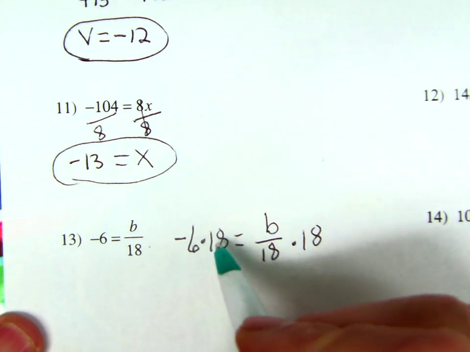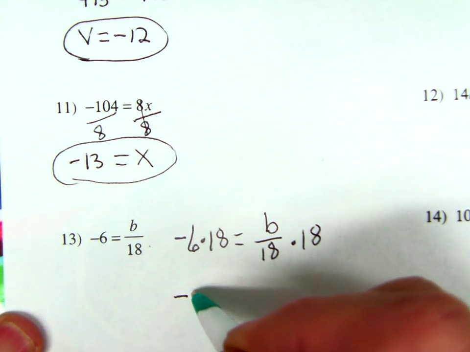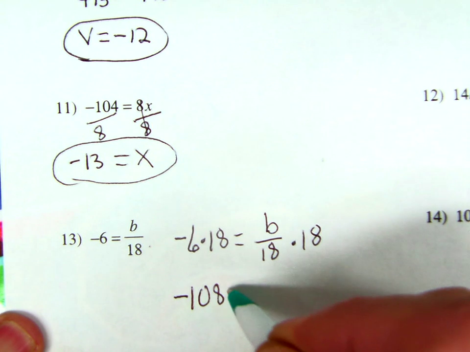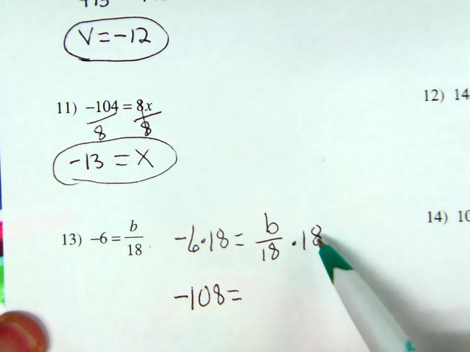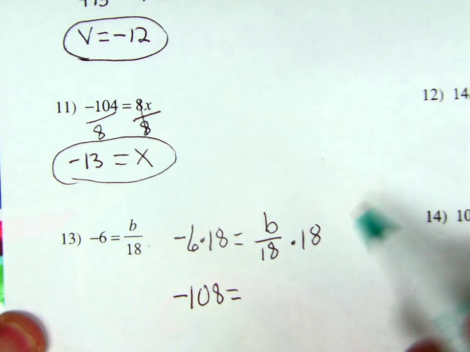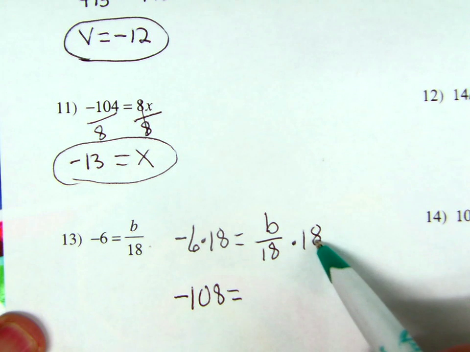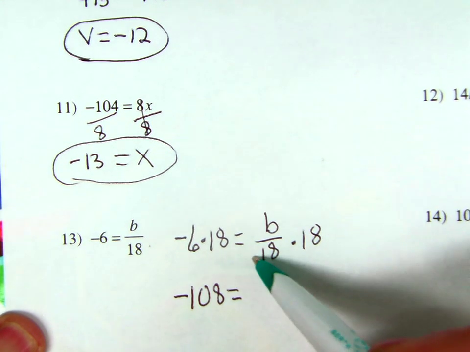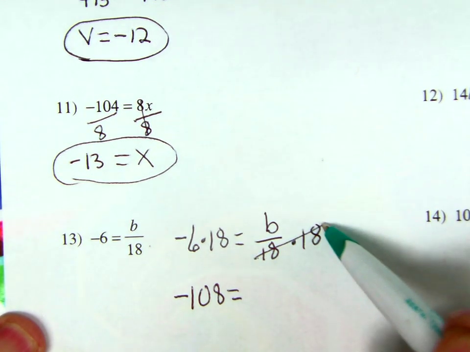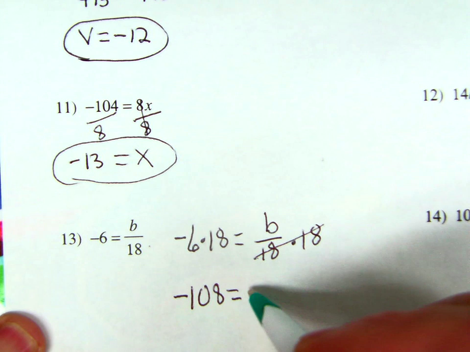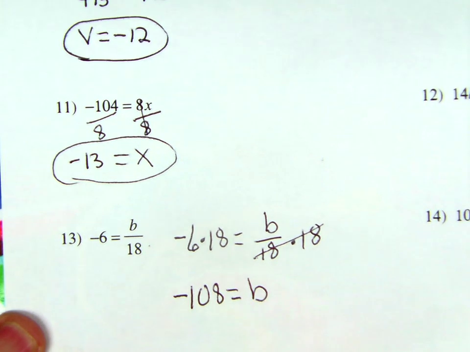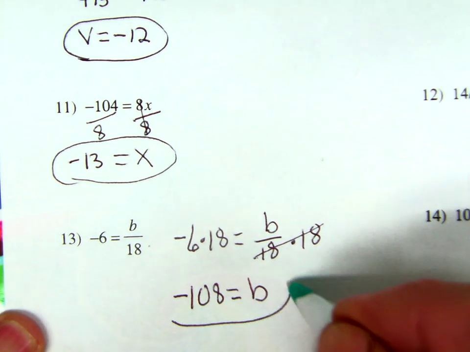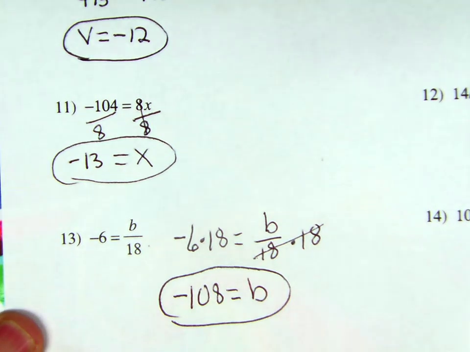And it's a negative times a positive, so it's negative 108. This side becomes much easier. The reason why we multiply by 18 is to get rid of the 18 on the bottom. They cancel out, and we're only left with b on the right-hand side. That's why we do it, and there's the answer.